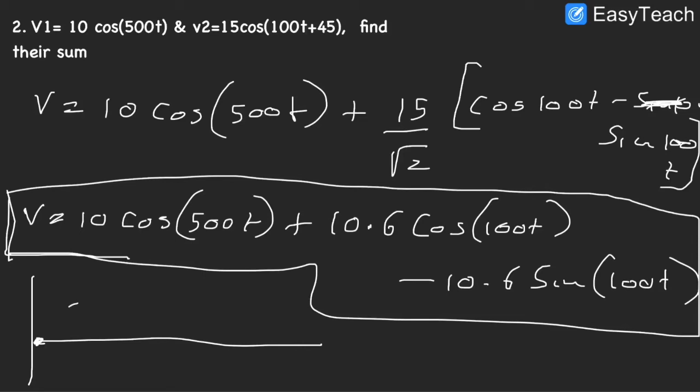So I'm just going to do it for t equals 0. For time t equal to 0, your cosine terms are going to be 1 and your sine term is going to be 0. So this term we're not going to consider. And it's going to be 10 plus 10.6, so that's 20.6.